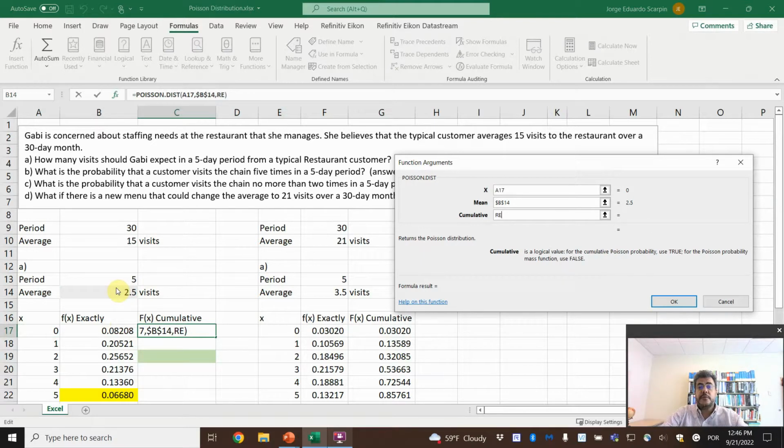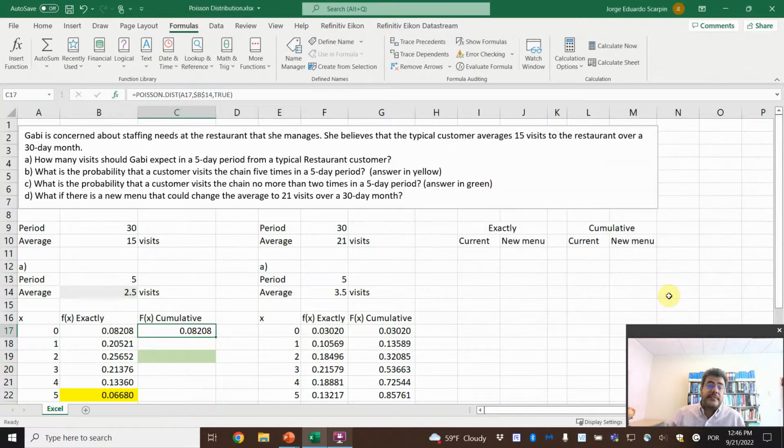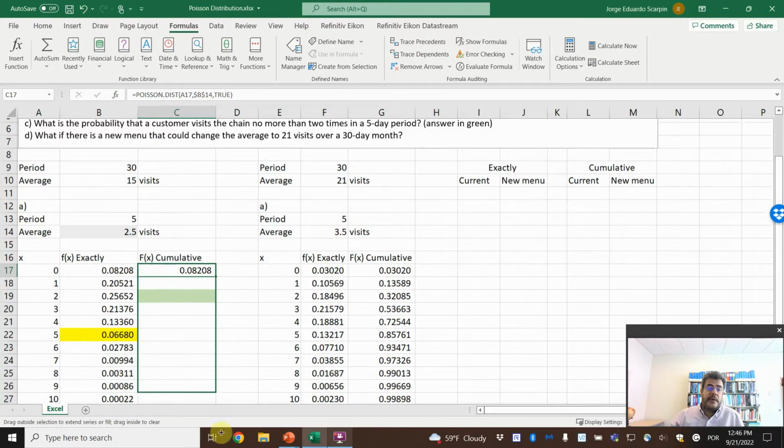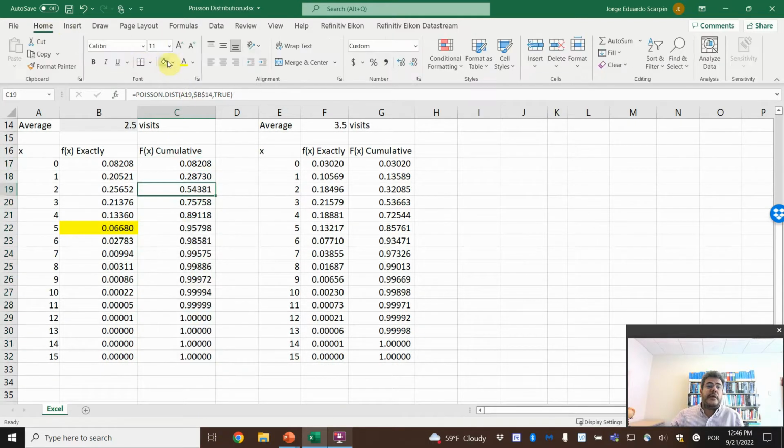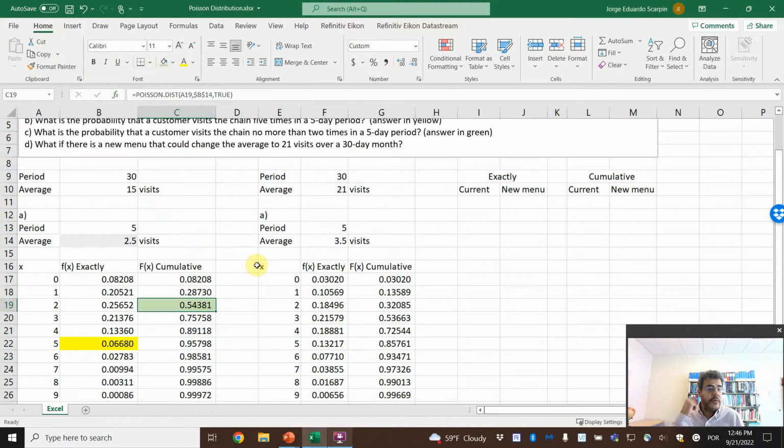The 0 is the same because cumulative is just like any other accounting cumulative, beginning balance plus current period. We have no beginning balance, so it's the current period. And then let's go on green. So 54% probability of no more than 2.